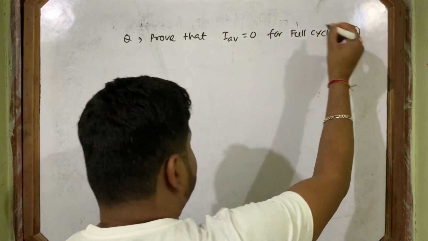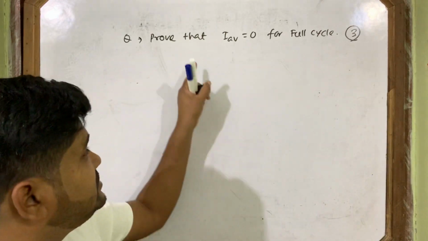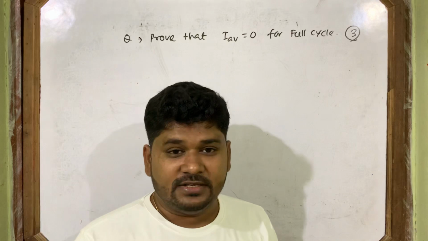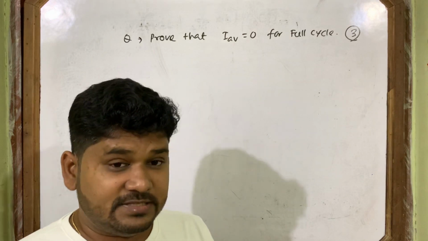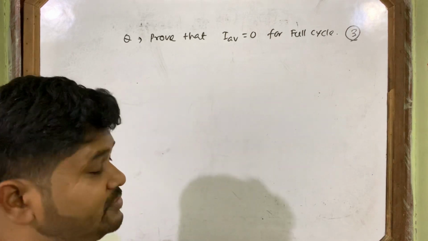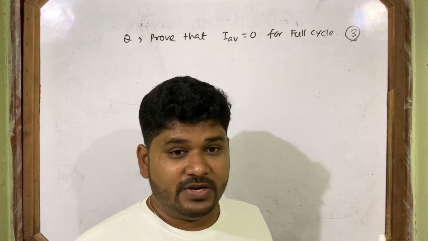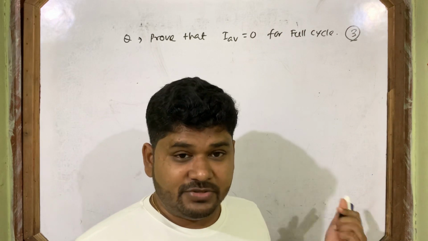This is homework for you. Sometimes this comes as a 3 marks question in exam. How will you do this? The same way I derived, you have to do it in that way. No problem, you can do it.